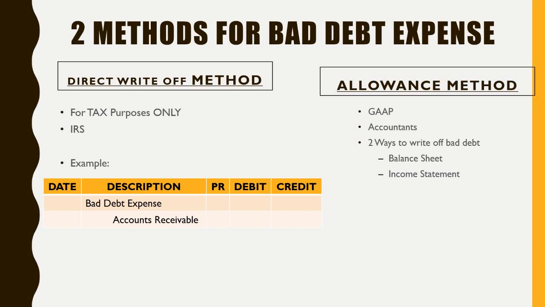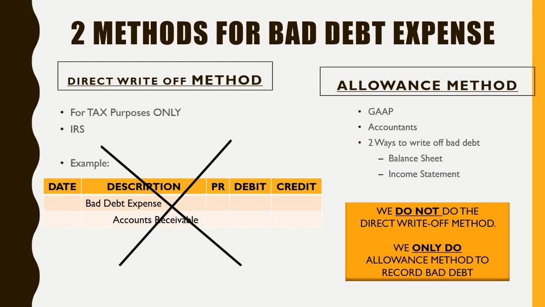So in this case, we are not going to teach you the direct write-off method because you're not the tax accountant, okay? However, you do need to know that it is a method we use to write off bad debt, but it is for tax purposes only.